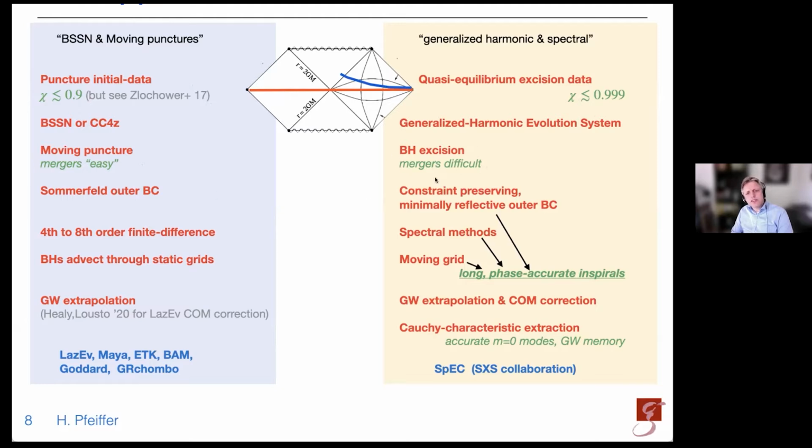Whereas if you do black hole excision and you want to go from two excised spheres to one remnant black hole, this is a very difficult step. And the third major difference that I'm very proud of as well is that the high care that went into the outer boundary conditions, into spectral methods, and into the moving grid, make it possible to do very long and very accurate in-spiral calculations, where our code is leading, as I'm going to show you in the next few slides as well.